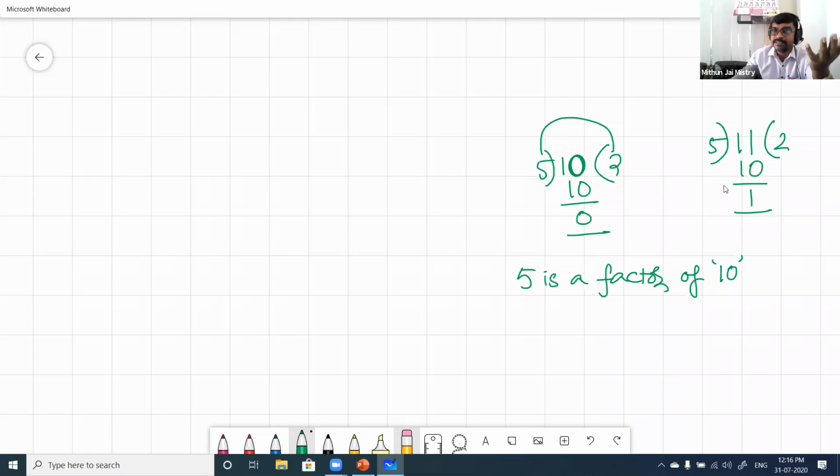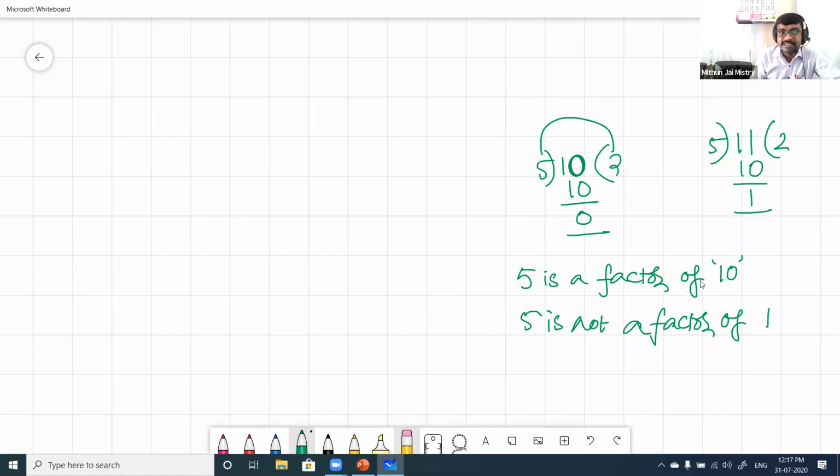Now how do you understand whether it divides exactly or not? In case you're getting the remainder as 0, then we say that 10 is exactly divided by 5. Here 11 is not exactly divided by 5. Here 11 is leaving remainder 1 when you're dividing with 5, right? So here we say that 5 is not a factor of 11.